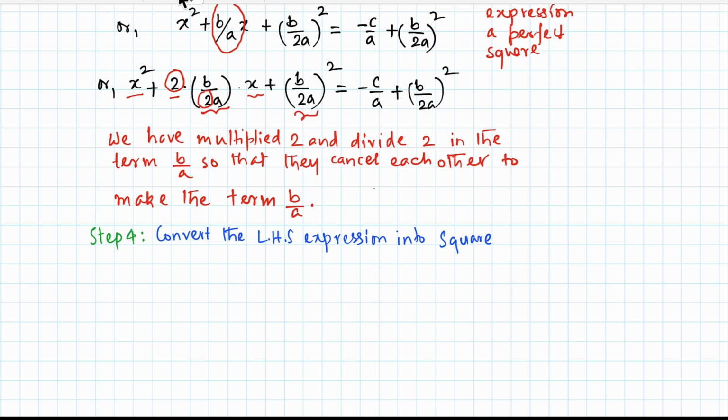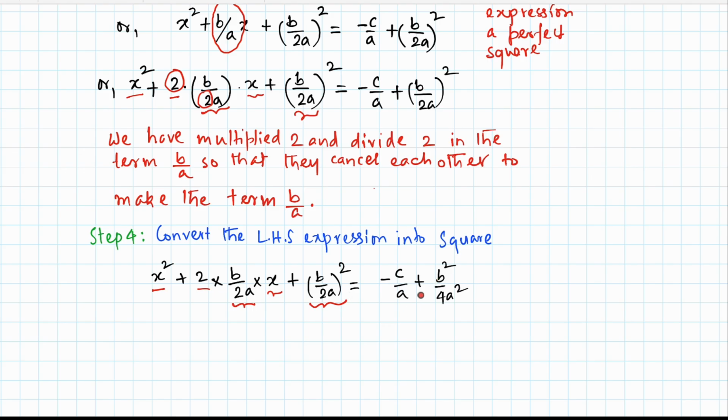It is already in a perfect square form: x square plus 2 times b by 2a into x plus b by 2a whole square, so this whole expression becomes a perfect square. On the right hand side we have minus c by a plus b square by 4a square, because if I square b by 2a, it becomes b square by 4a square.